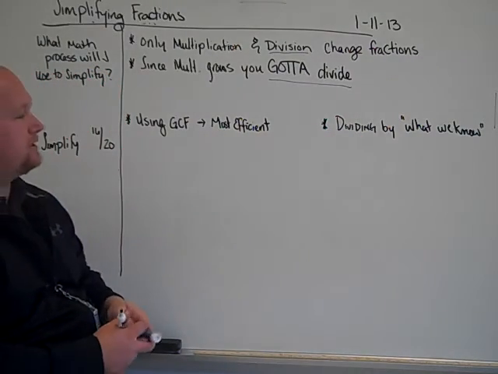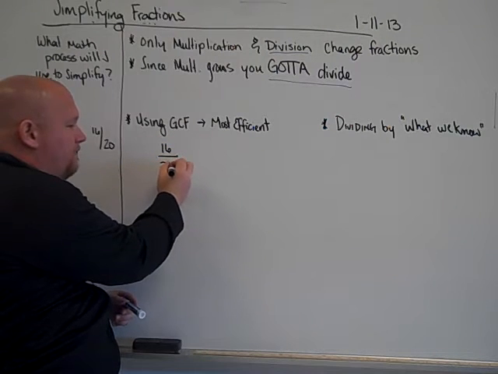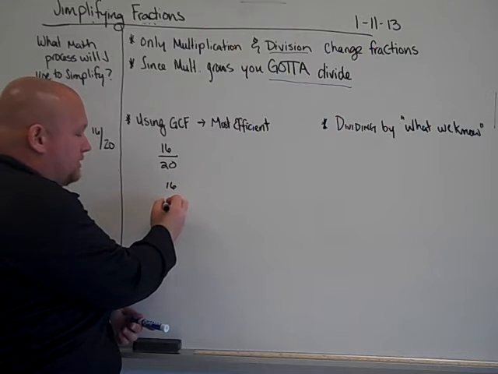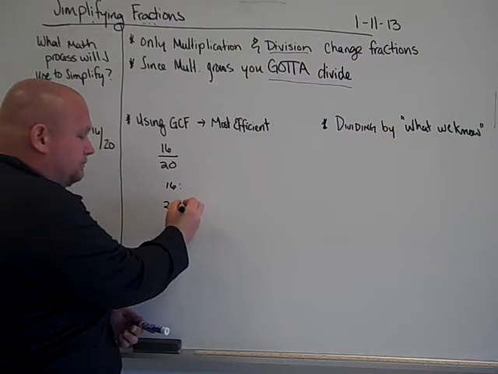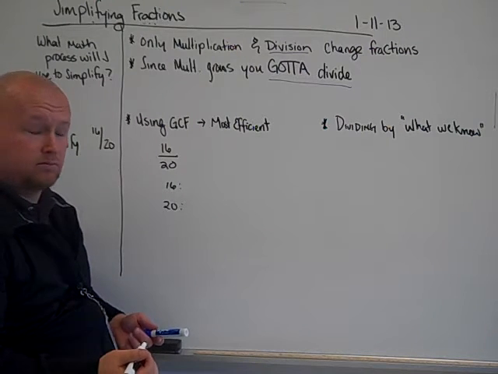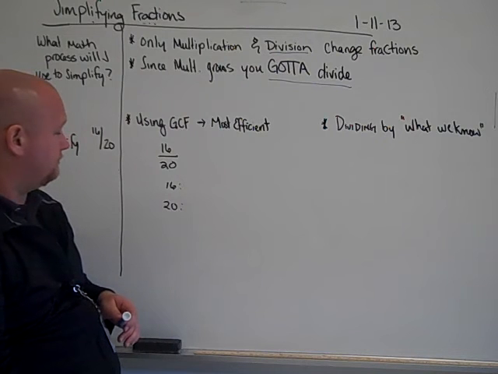In the instance of 16/20ths, if we were to solve by the GCF, what I would do is I would list all the factors of 16 and 20. Okay? You should be listing those factors.